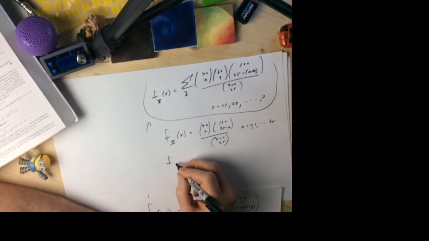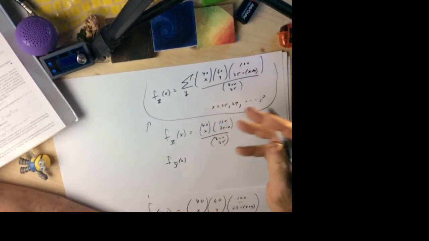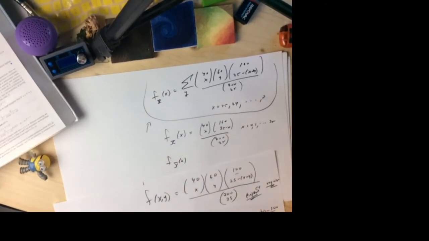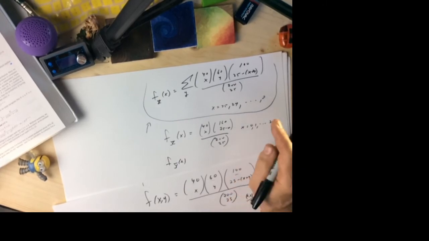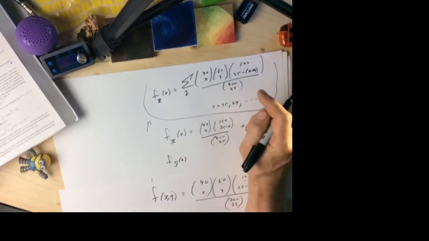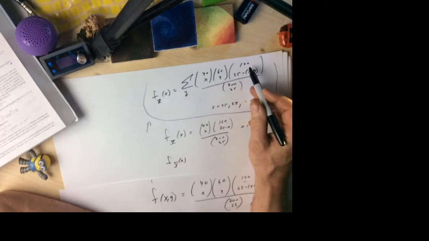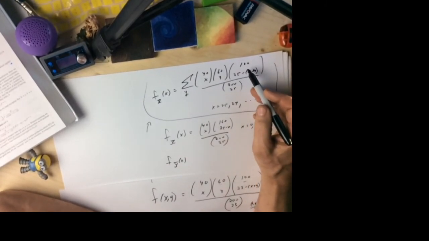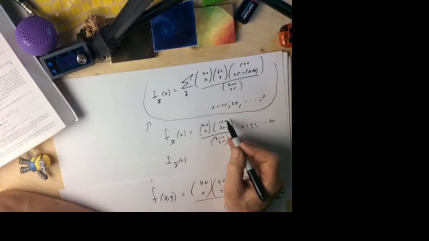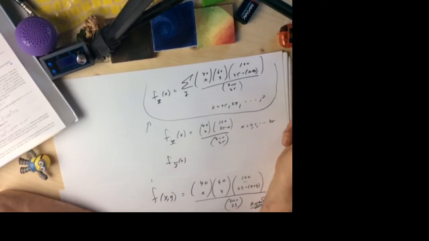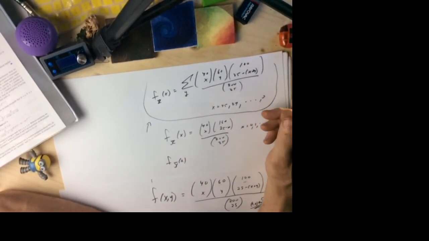And you know what's neat? Is the f sub y behaves the same way, except the 40 becomes 60, the 200 minus 60 becomes 140. So these two numbers become complementary. And it's still a hypergeometric.